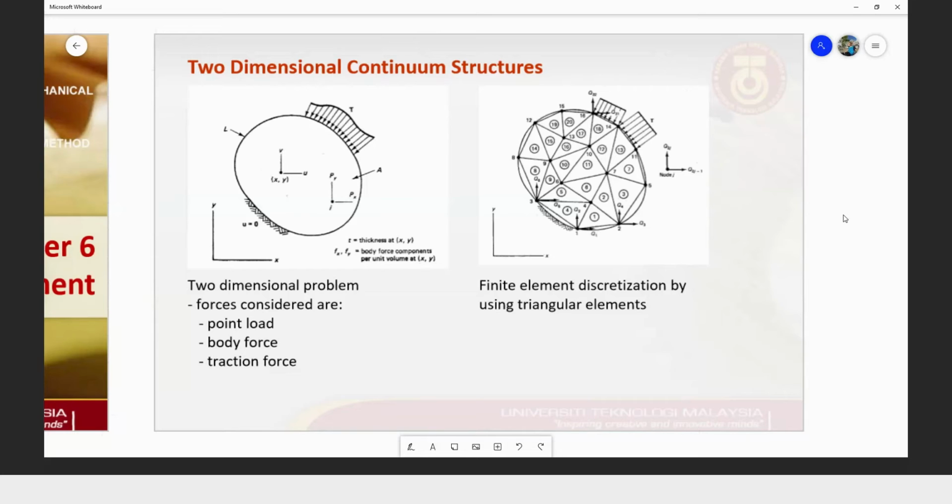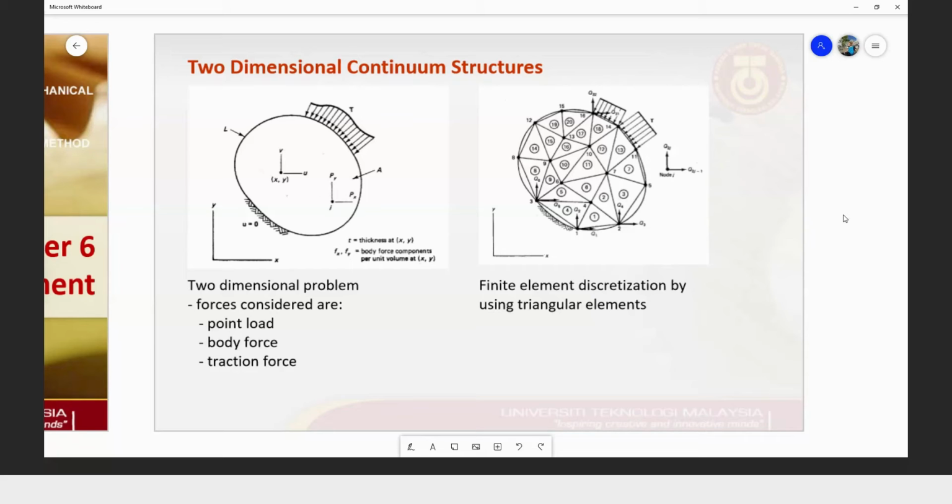In the CST, we just limit our discussions to two-dimensional continuous structures. But we are living in a 3D space. Most of the problems that we face, or the geometry that we see around us, is in 3D, right? So in some cases, we need to solve the problem in 3D. And in some cases, even though the problem is in 3D, we can reduce the complexity of the analysis into 2D.